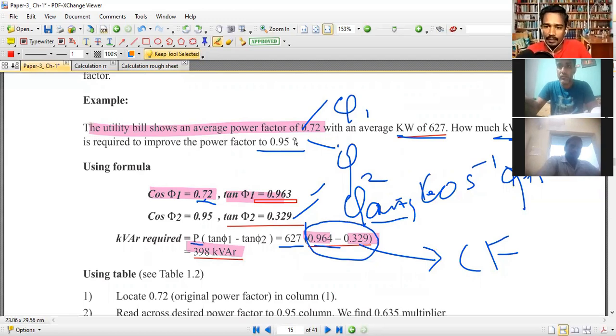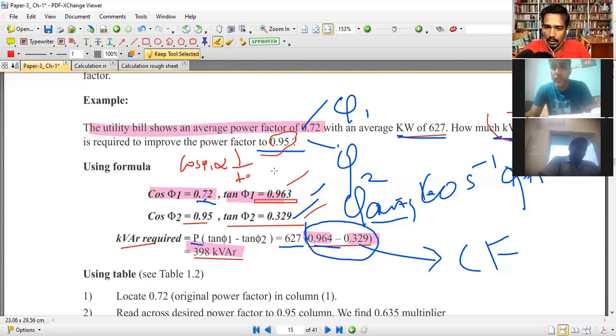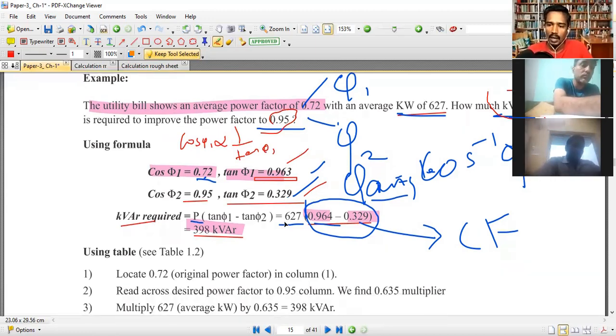How many kVAR are required? The formula is power 627 times tan phi 1 minus tan phi 2. For cos phi 1 equal to 0.72, tan phi 1 is 0.963. For cos phi 2 equal to 0.95, tan phi 2 is 0.329. Remember this one idea: as the power factor increases, tan phi decreases, and as the power factor decreases, tan phi increases. It is inversely proportional. So 0.72 gives 0.963, and 0.95 gives 0.329. Sometimes during calculation we mismatch them, so keep this in mind.